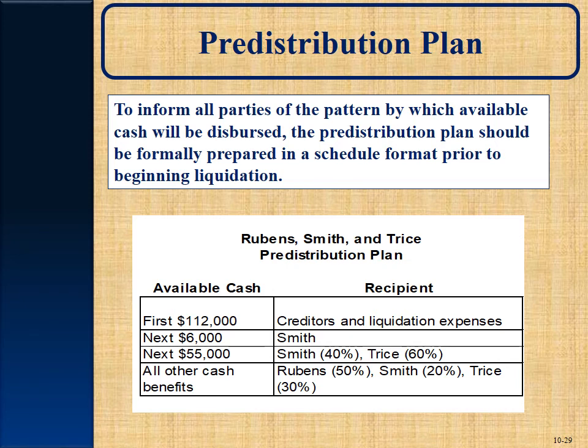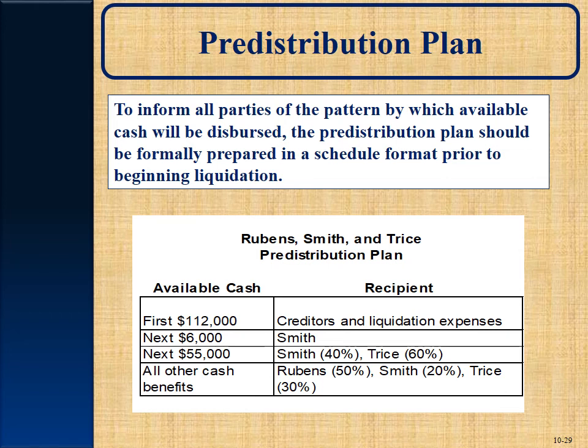Now I know the PowerPoints here skipped over some of the remaining pages before we started creating a pre-distribution plan. So if you have any type of questions on those, I think they're pretty straightforward.